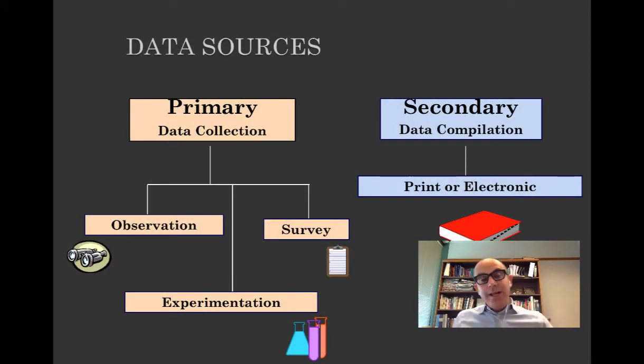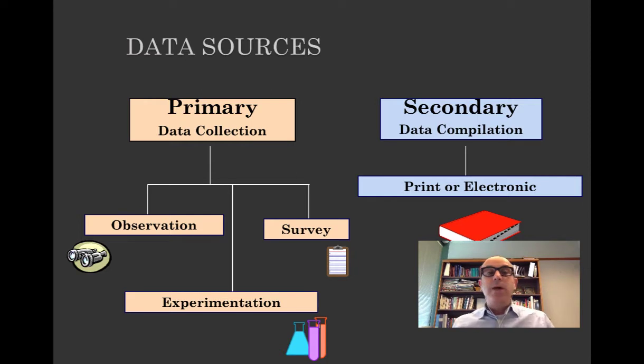But we also need to talk about primary or secondary data sources. Where is your data coming from? In most statistical textbooks, we consider two types: primary data collection and secondary. Primary is that we go out of our room and we observe, study, and do experimental work.